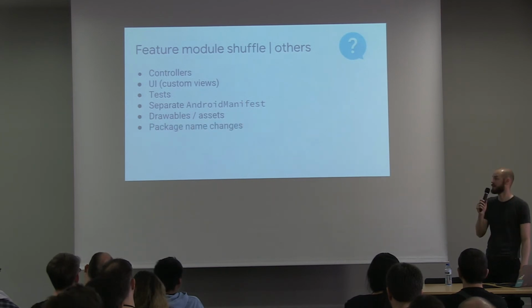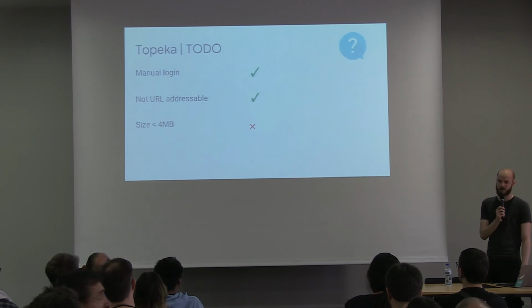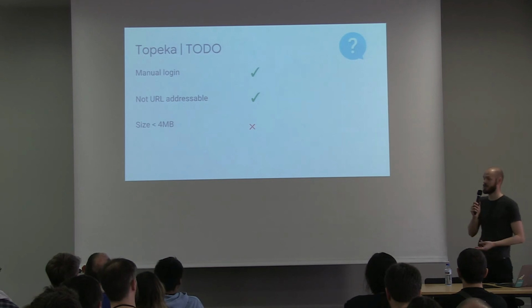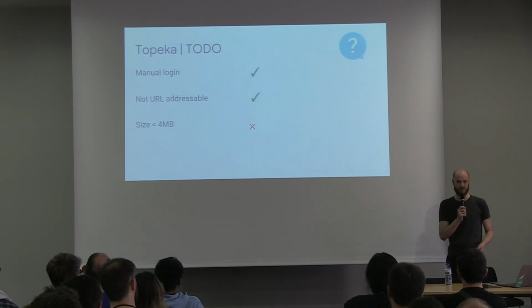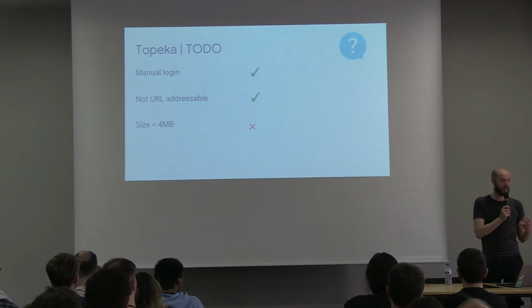And as I just said, package name changes are potentially another thing that has to be done. That's cool, all the things are now modules. We have three different modules for the application, but the size is still big for an instant app. You can still run it, you can still ship your code as it was to your users of the installed app.